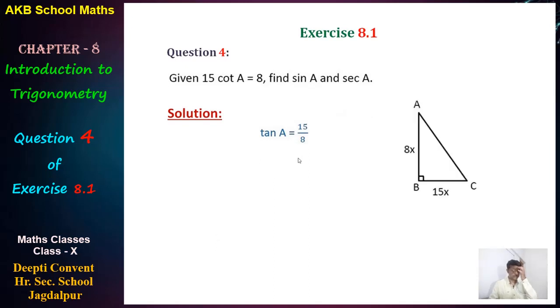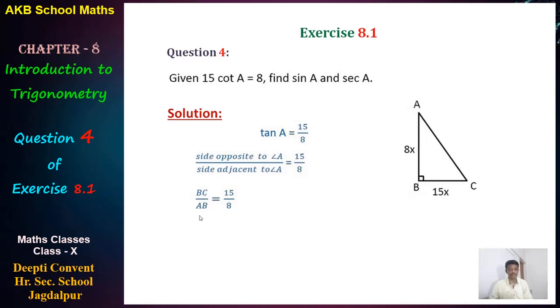Now there is a triangle, we can draw it like this, because ABC is a triangle right angled at B. Now tan A equals 15 by 8 means, A is the concerned angle, so perpendicular BC is the side opposite to angle A, and the adjacent side is AB.